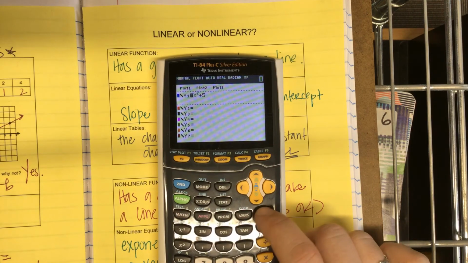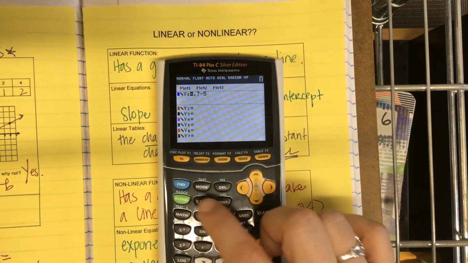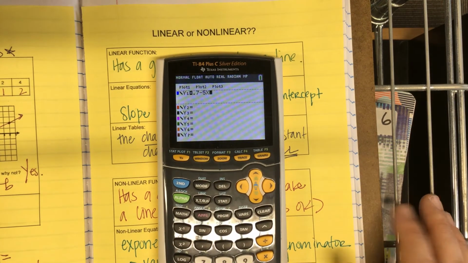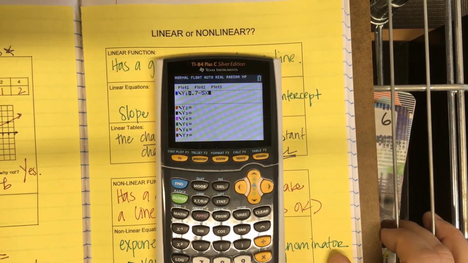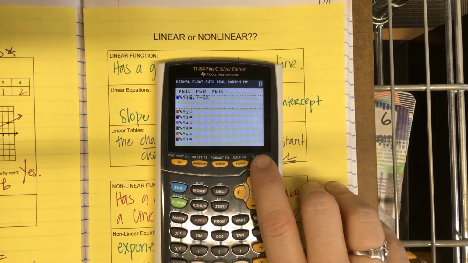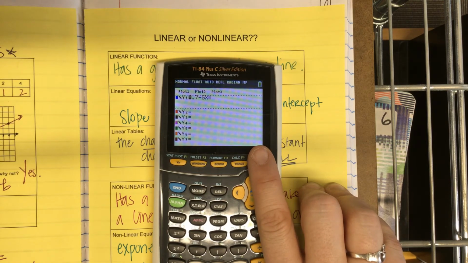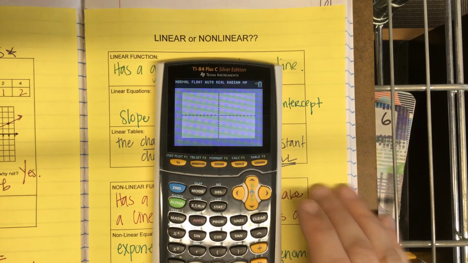If I do 0.7 minus 5x, linear or nonlinear? It's linear. What's the coefficient of x? Negative 5. What's the constant? 0.7.